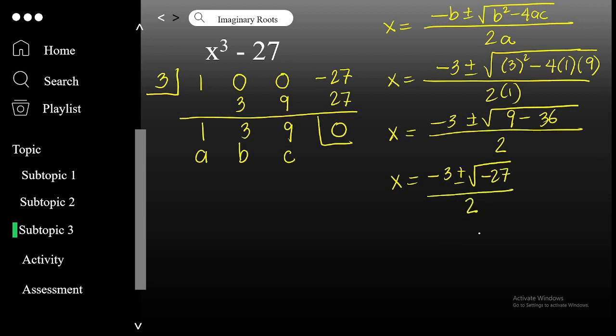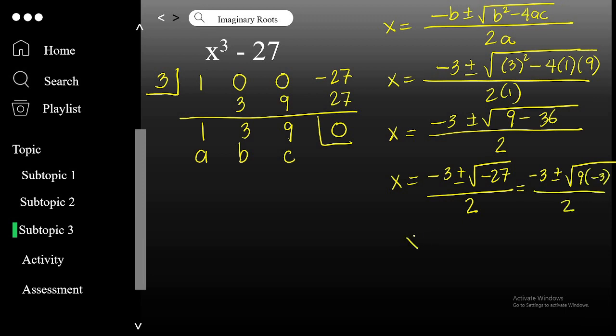So simplifying the square root of negative 27, is there a factor of negative 27 such that one factor is a perfect square? Yes, and that is 9 times negative 3. So we will have negative 3 plus minus the square root of 9 and negative 3, all over 2.